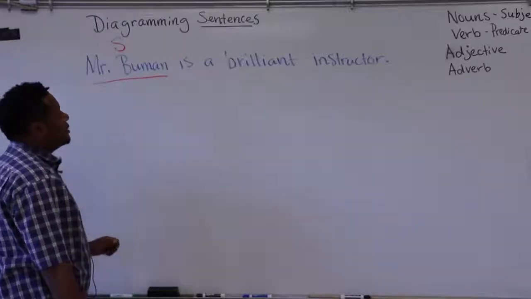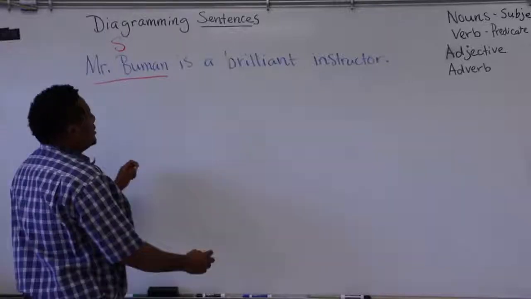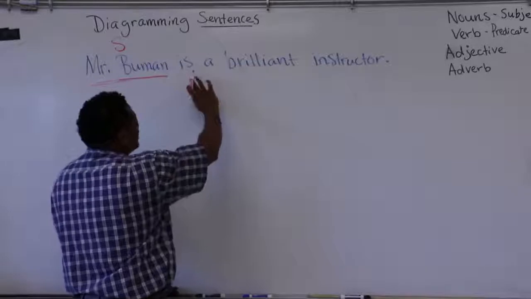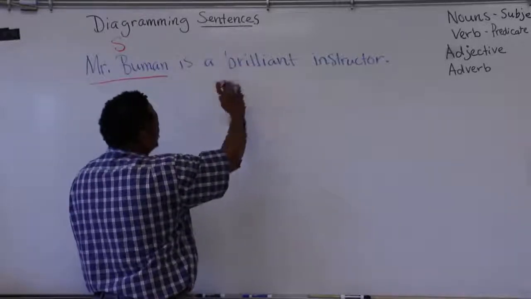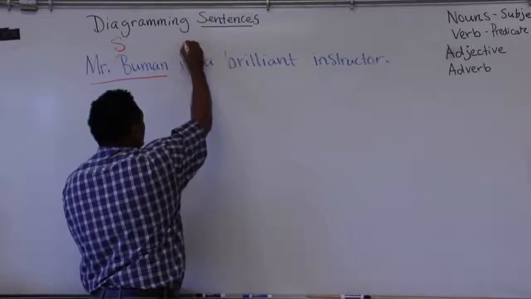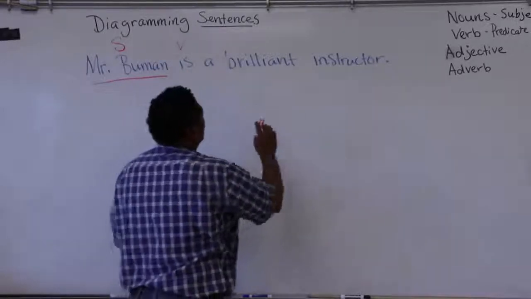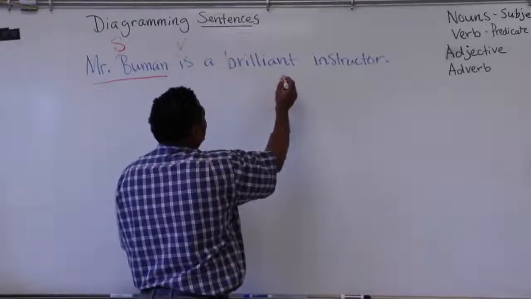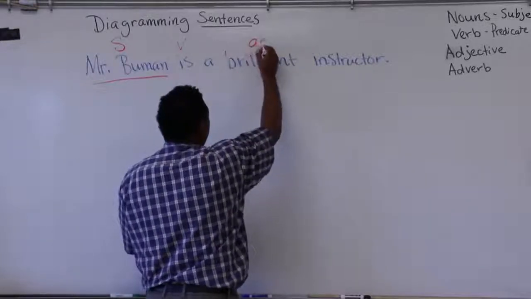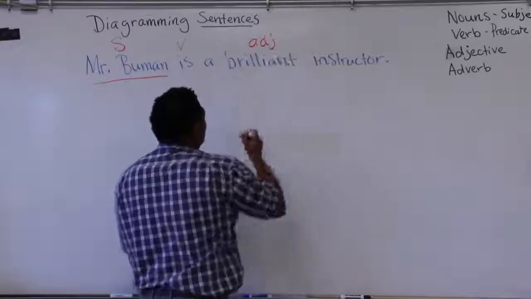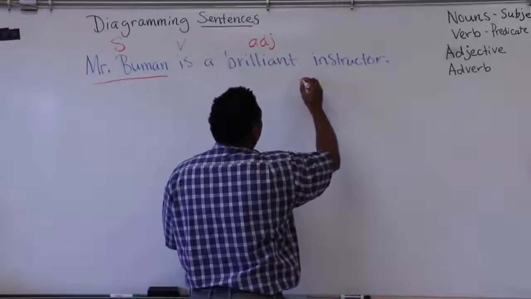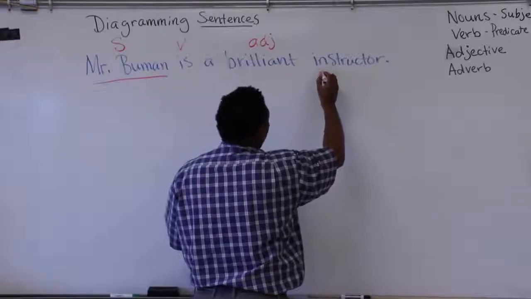Is a brilliant instructor. If we took these two out, it would be is a instructor. So is the verb. Brilliant is the adjective describing Mr. Boomin. Instructor is the predicate adjective.